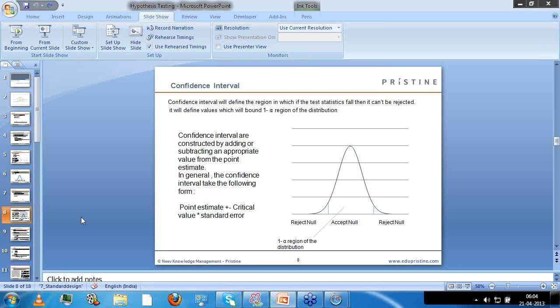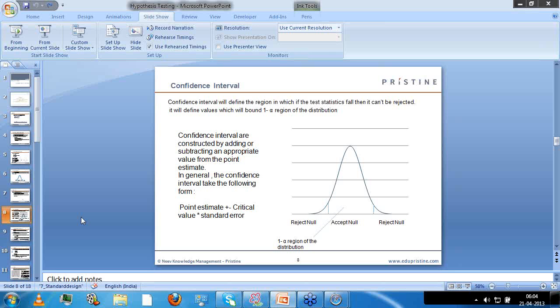The percentage of area which will be bounded by the values defined by the confidence interval will be 1 minus alpha. Alpha is here our level of significance. So this value is the complement of the value of alpha.